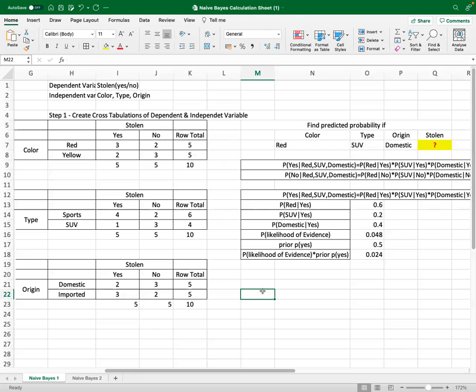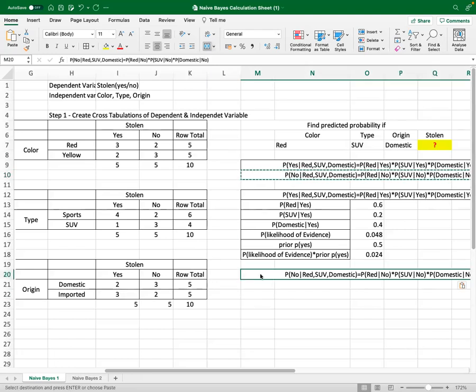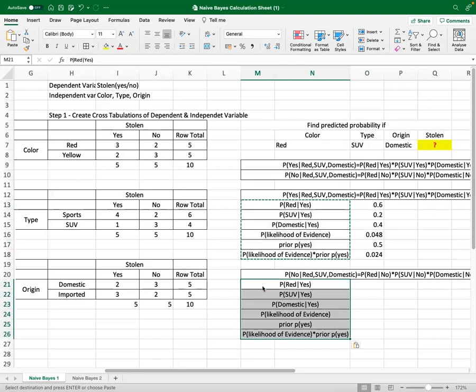But it is common for both calculations, so we don't need to calculate it. Because for both equations the denominator is common, which is probability of x1 into probability of x2.